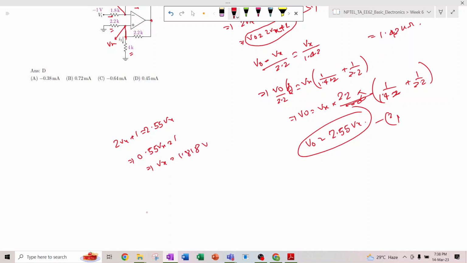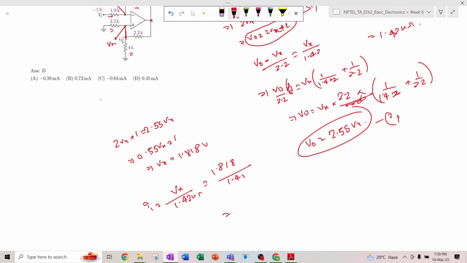Now what is I1? I1 is basically this Vx divided by 1.42 kilo ohm. Sorry, the I1 current is flowing through this 4k, right?